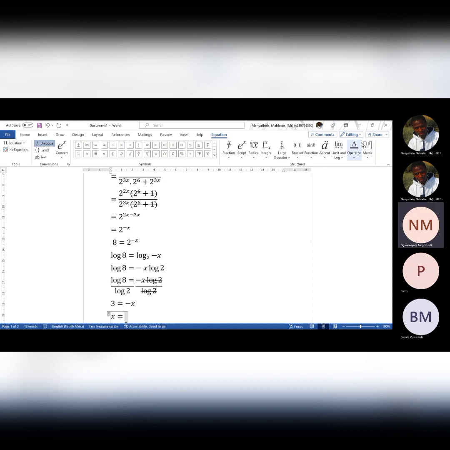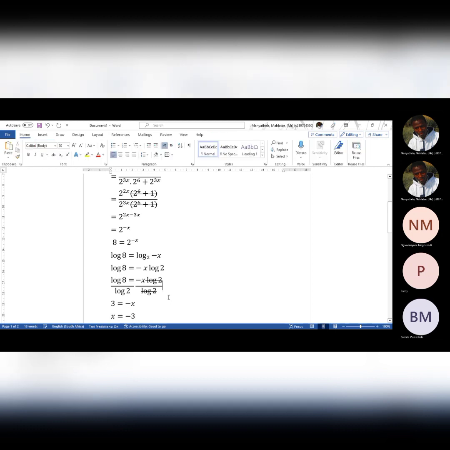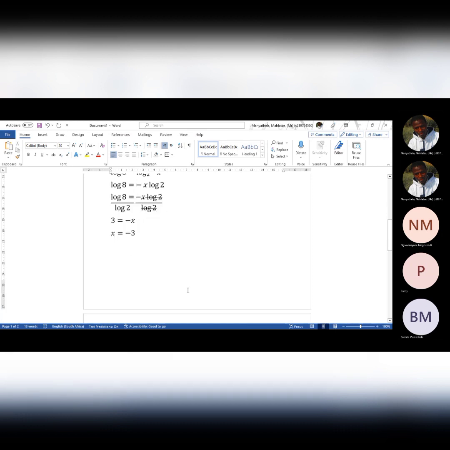Then we swap 3, it goes across the equal sign and becomes negative, so x is equal to negative 3. Let's go to the next.